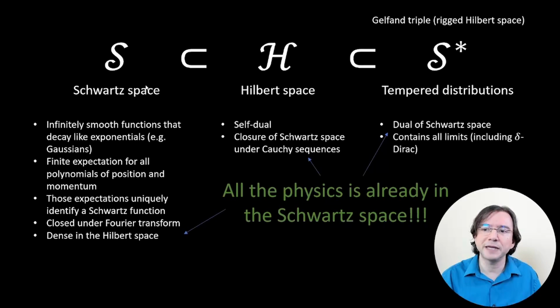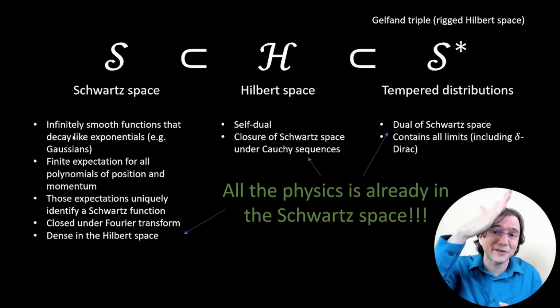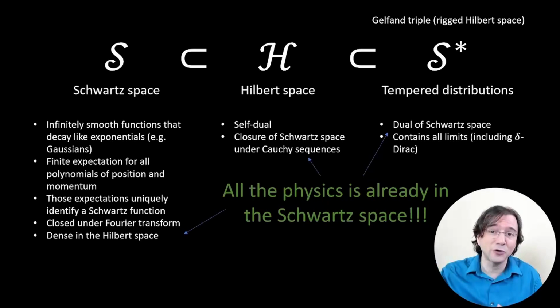Inside the Hilbert space, there is something called the Schwartz space, and the Schwartz space is the set of infinitely smooth functions that converge fast, which means they converge faster than any polynomial. So if you take the expectation of any polynomial, you get something finite, and you can think of it basically as going down at infinity like an exponential.